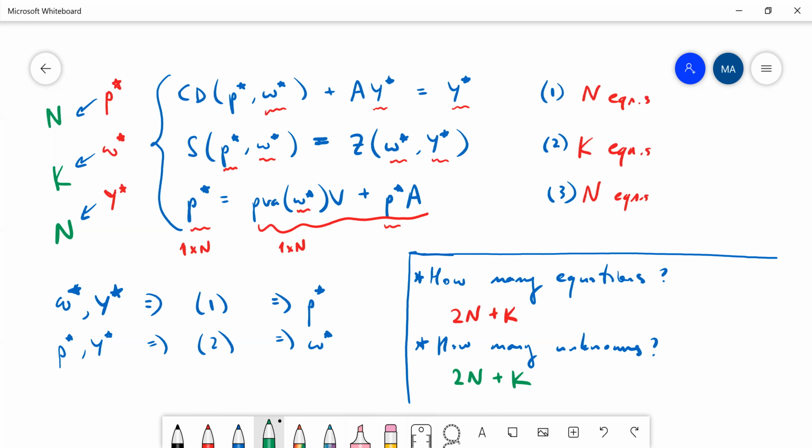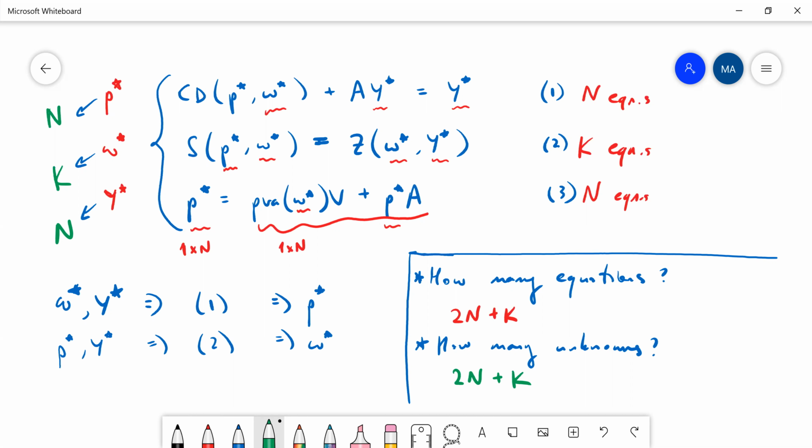You must be careful with the Walras law, right? Can somebody explain how to proceed from there? So you have 2n plus k unknowns and 2n plus k equations.